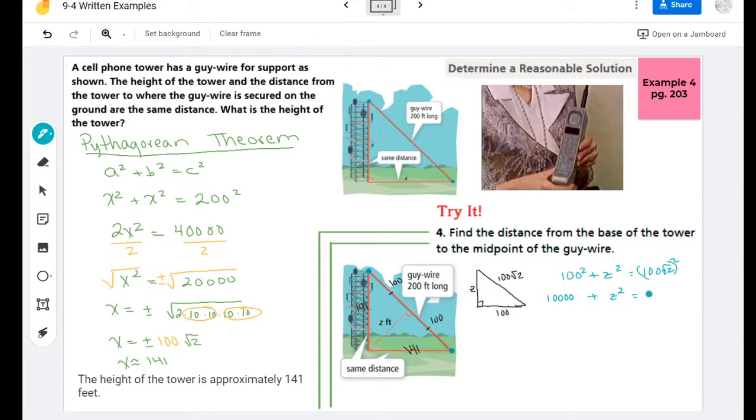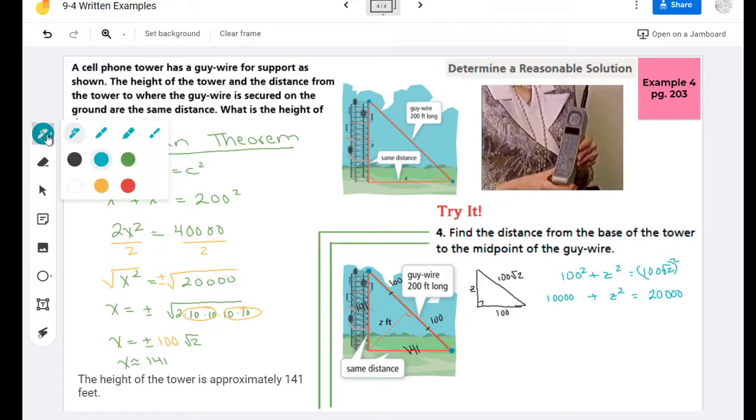And then here I have, remember back here in my problem, I got the 100 root 2 from taking the square root of 20,000, right? So if taking the square root of 20,000 got me to 100 root 2, squaring 100 root 2 will give me 20,000. Now I could also square each of these. I'd get 10,000 times 2, which is 20,000.